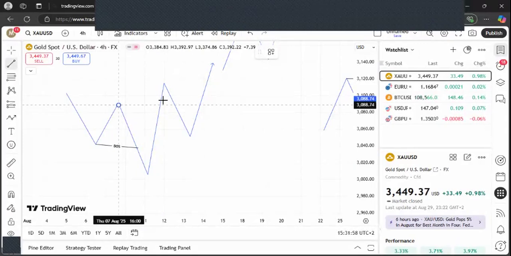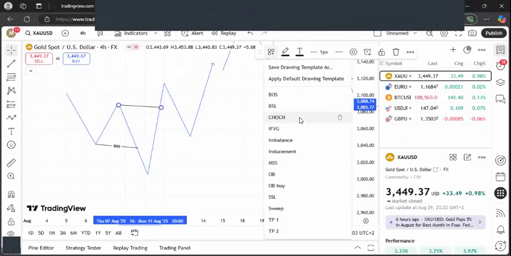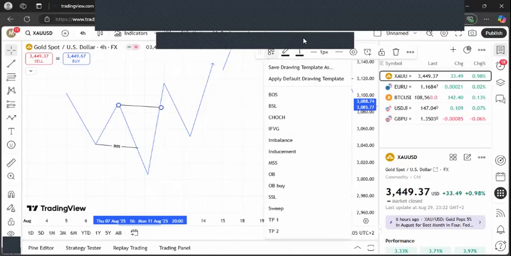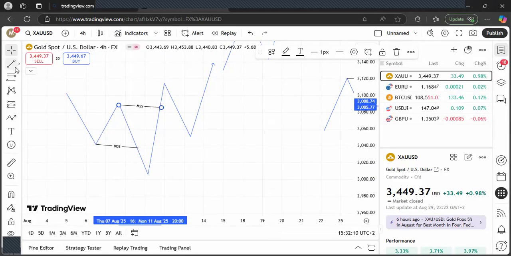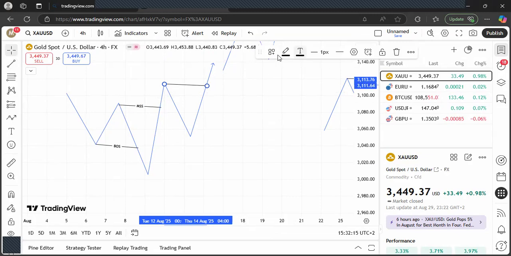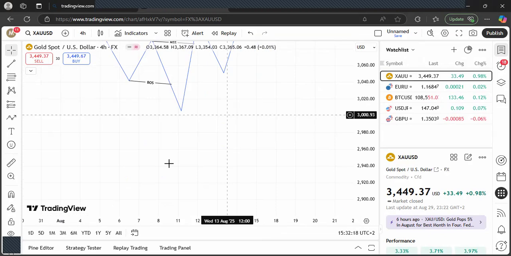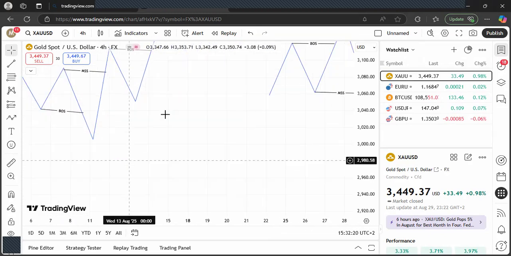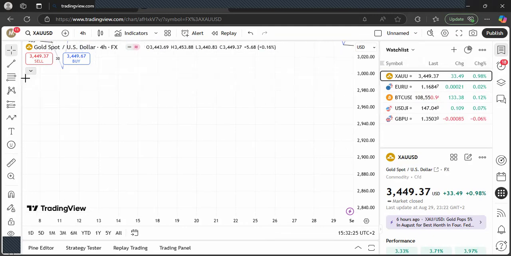And then here, structure shifts to the upside, and it continues to the upside. So that's pretty much everything you need to know for now, but I have a new structure to introduce to you.